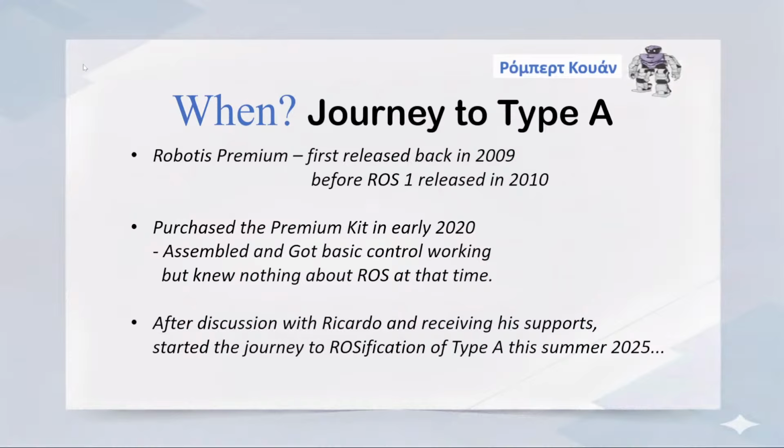I assembled it and got the basic control working, but I didn't know anything about ROS at that time, so I put it aside. For this project, I discussed with my tutor, Ricardo, and got his support. He suggested maybe I should try to ROSify this robot. That's how I began my journey.